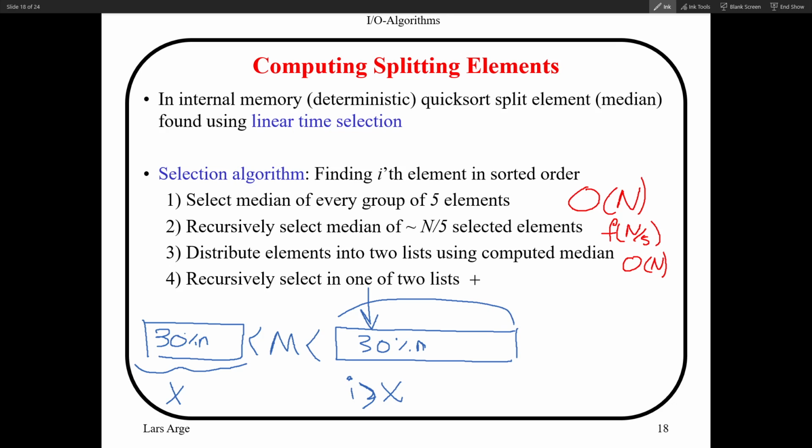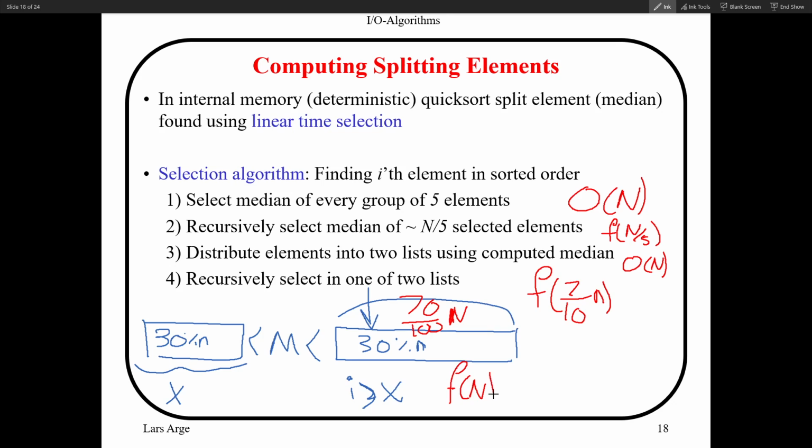This recursion will be recursing into a list that has at most 7/10 n. Right? At most 70% of the elements will be inside the list that I will be recursing on. So therefore, this is going to be f of 7/10 times n.